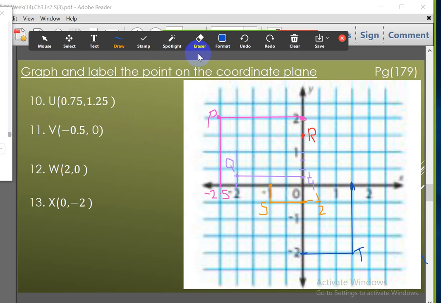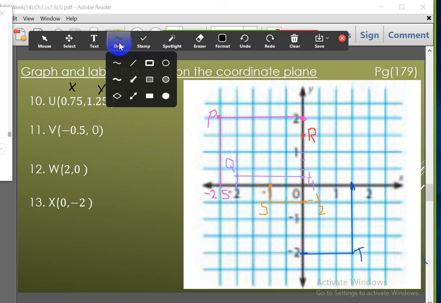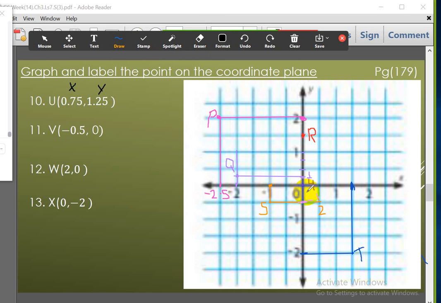Now u is 0.75, this is the x, and the y is 1.25. The x is 0.75, that means positive on the right side, between 0 and 1. I will erase those numbers, girls.